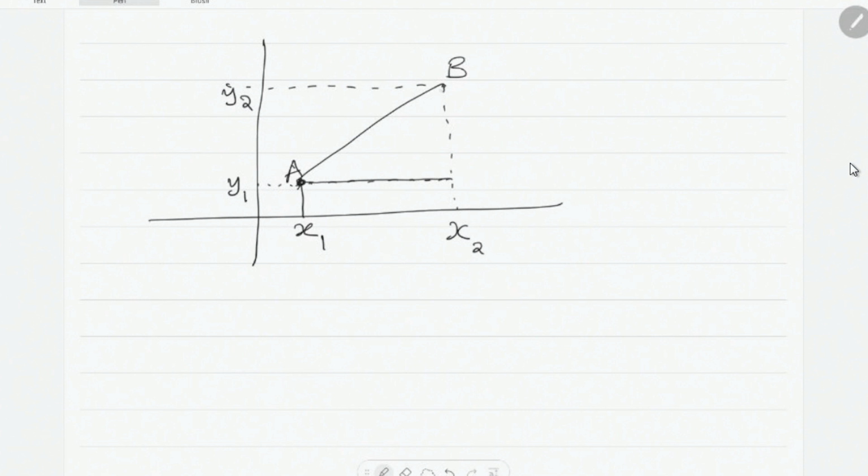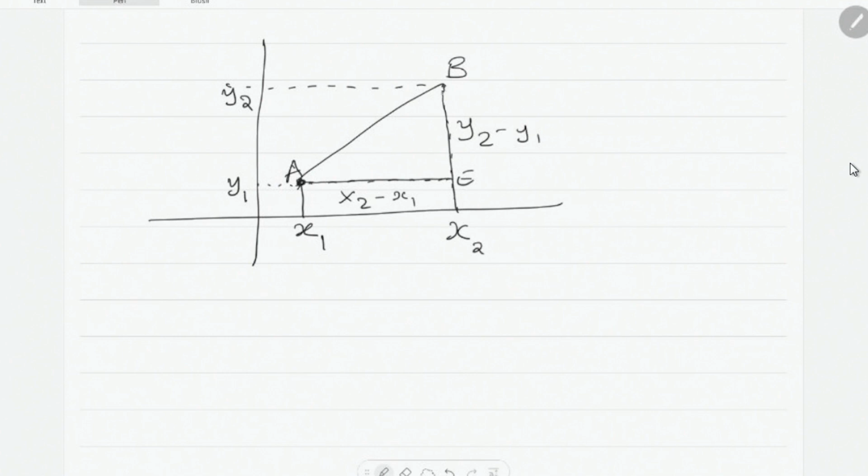So now, the distance AE is the difference between point 2 and point 1 in the x-axis. So AE is equal to X2 minus X1, and then BE is equal to Y2 minus Y1 when you find the difference there in terms of distances. And so if I have to calculate the distance of AB, I will use Pythagoras theorem.